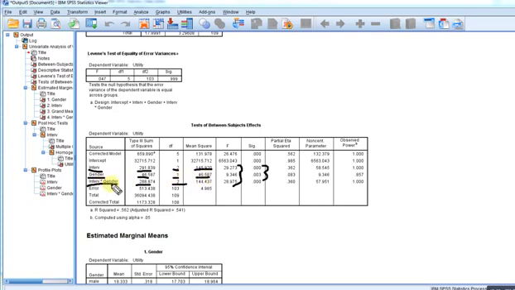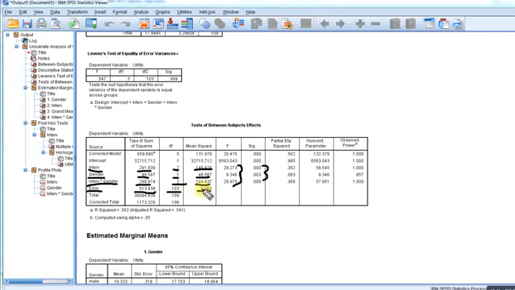And then you also have your sum of squares for the interaction effect and degrees of freedom, and when we take that ratio, we get the mean square for the interaction. Finally, you have the mean square due to error, which is formed by taking the error sum of squares and dividing it by the degrees of freedom.